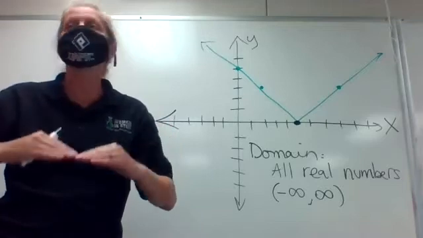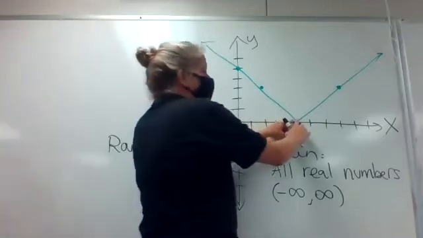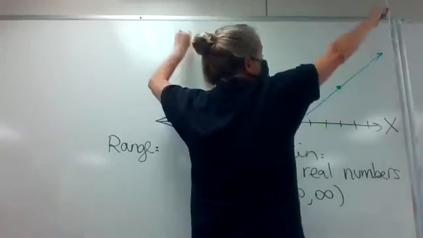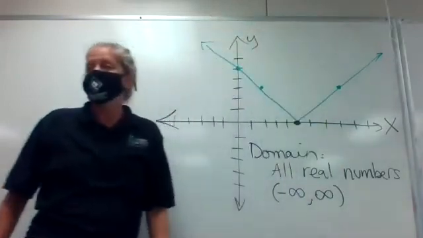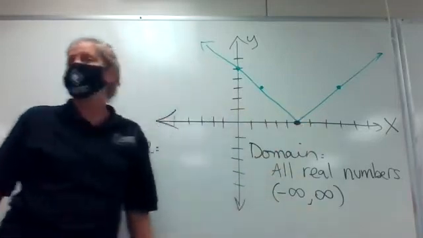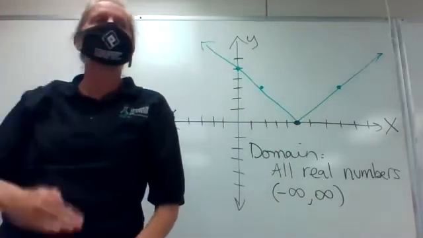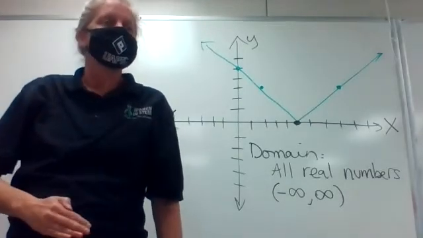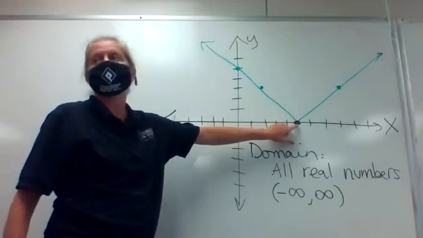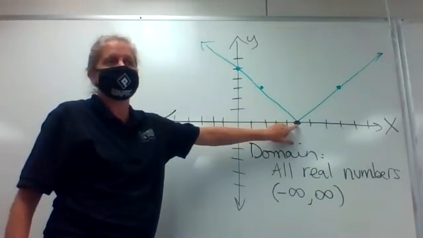It's not ever going to go below that because what's it doing out of each side of it? Going up. So it's going to go up forever from that point, but nothing below that point is included in the range. Remember, range is up and down. So what I need to know is this is going to be the lowest y value of this graph.